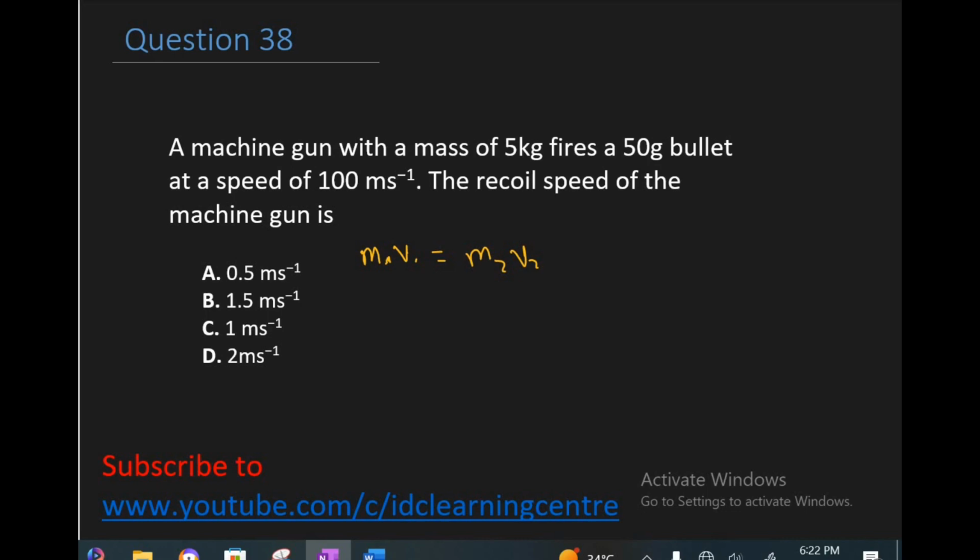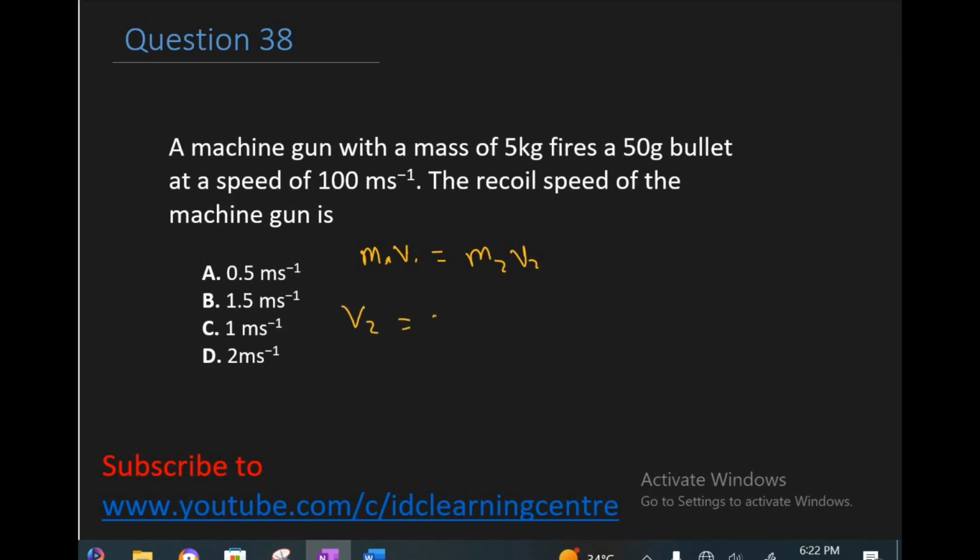That's mass and velocity. This is simply talking about momentum, right? Change in momentum. Okay, so now what are we looking for? The question is talking about the recoil speed of the machine gun. That's our v2. Making v2 the subject of the formula here.